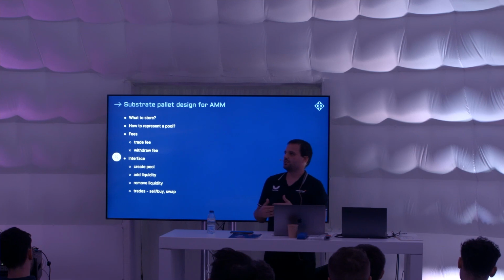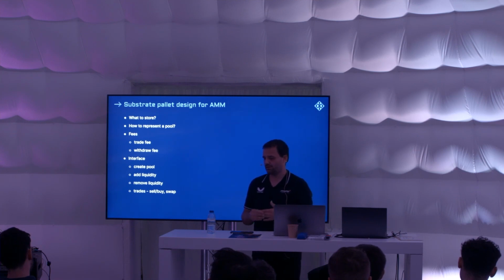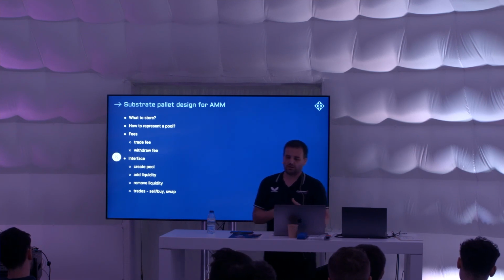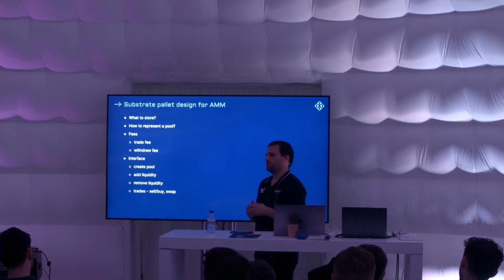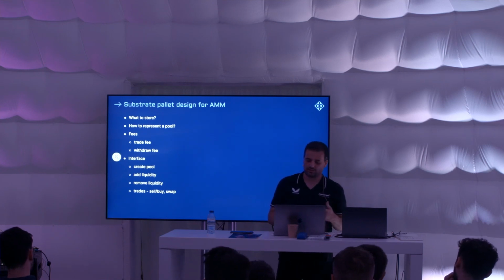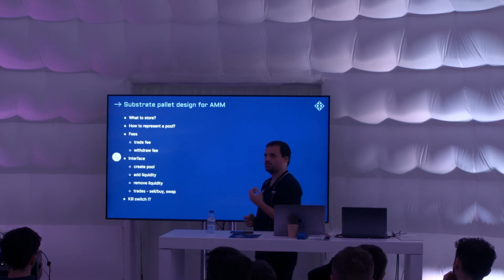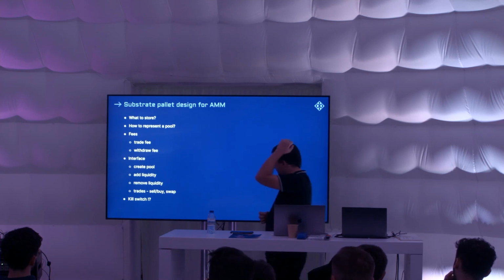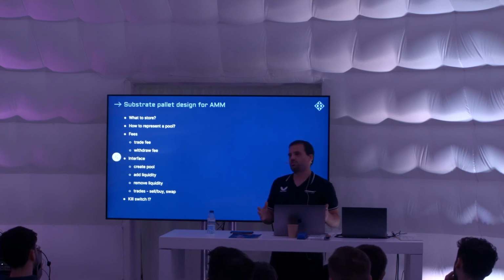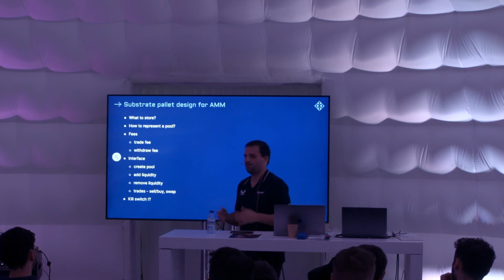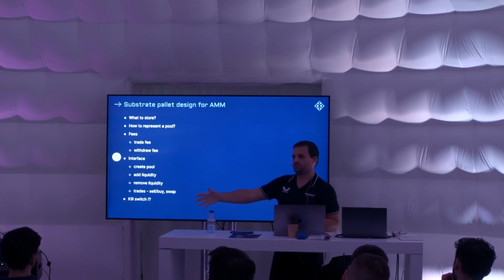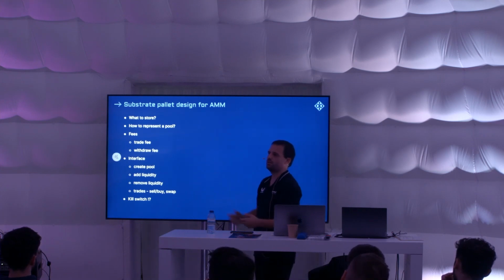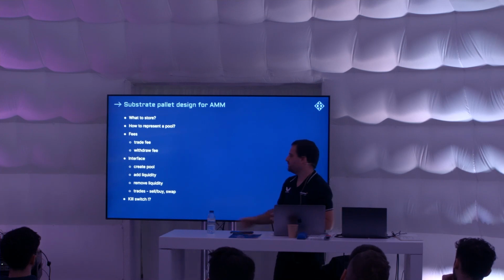Before you start creating your AMMs, you might also think about safety. About some safety mechanisms, like, do I need a kill switch? What does it mean? Imagine you have a pool running on your chain, everything is good, happy, everybody's earning, and then one of the assets becomes toxic. You don't want it anymore, but you have this pool running and you don't have any way to stop it.